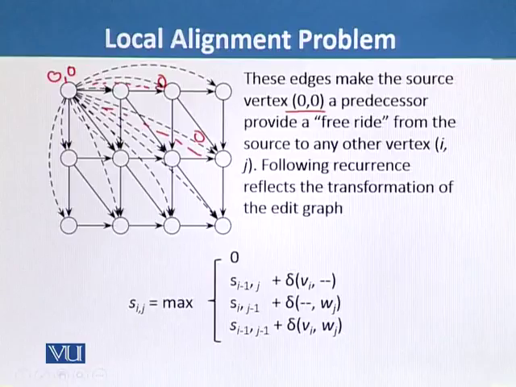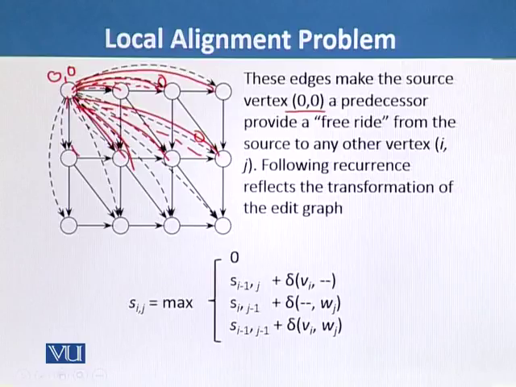So these edges make the source vertex 0,0 a predecessor of every vertex in the graph and provide a free ride. And we can see here the free ride. From here it can go to any of the vertices. So this is a free ride, and each vertex has the value of 0 from the source to any other vertex, that is i and j.